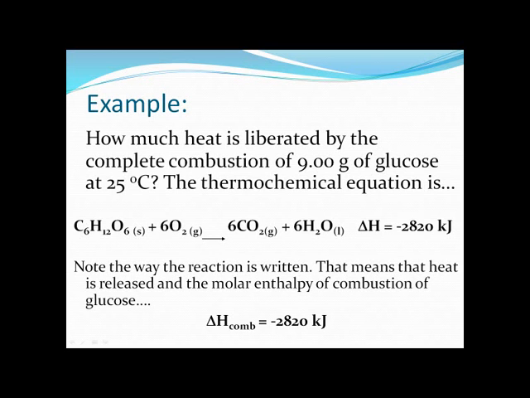There's the thermochemical equation. Glucose plus 6 oxygen makes 6 carbon dioxide and 6 waters, and the delta H is negative 2820 kilojoules. What that means is that the heat is released and that the molar enthalpy of combustion of glucose, delta H combustion, is negative 2820 kilojoules per mole of glucose that burns.